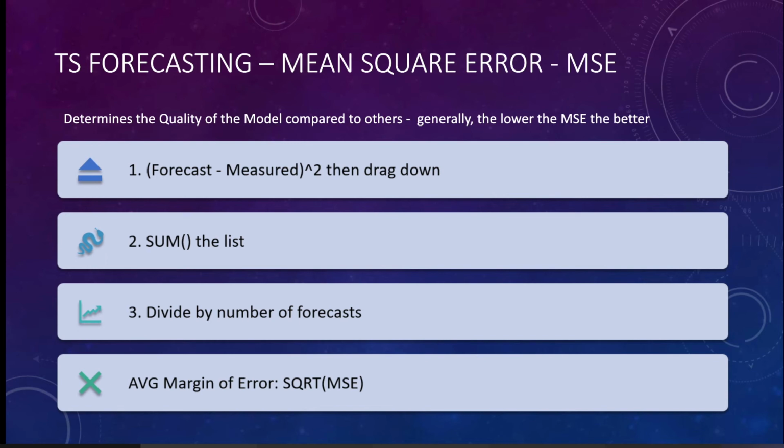That will give you an absolute error. And it doesn't really matter if you start with the forecast minus measured or measured minus forecast, because when it's squared, the minus will drop anyway. And then you drag that formula down through all of your measurements. You will sum that drag down list and then divide it.